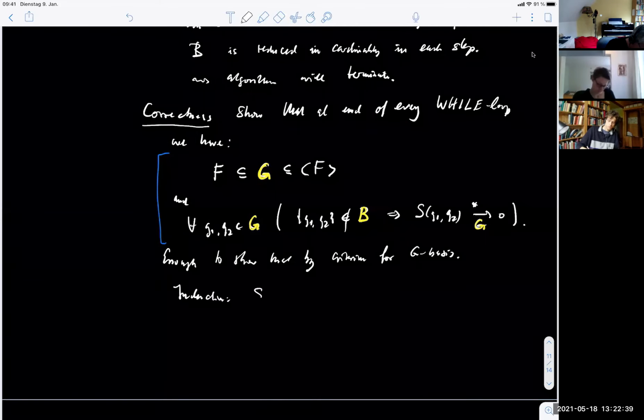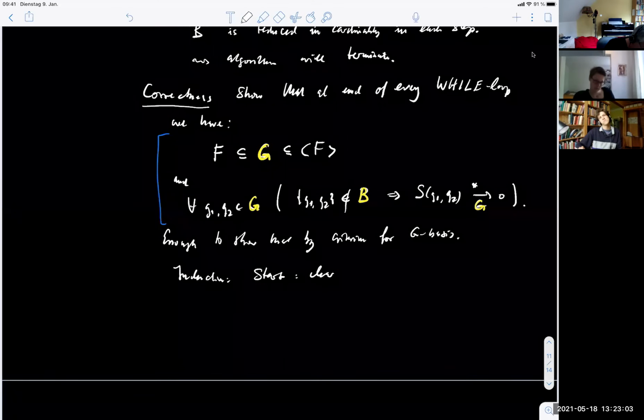Then there's an induction start. And if you think about it, the induction start should be clear, hopefully. Why is it clear? Yes, it's clear because F equals G. And this we also have because at the beginning B consists of all pairs. So this is good.